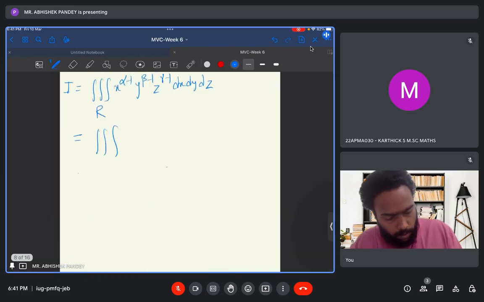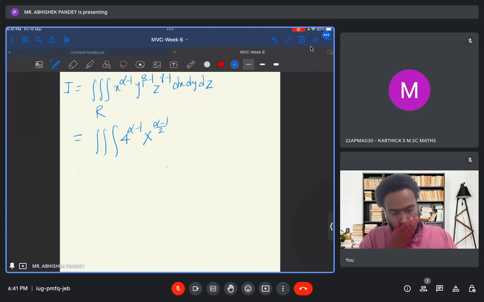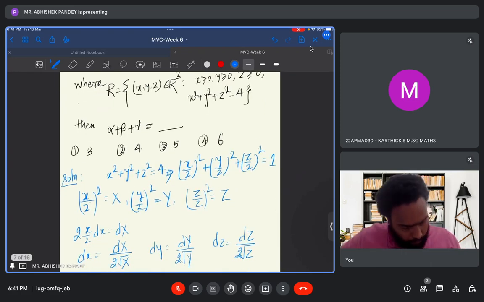So this will be 4 to the power alpha minus 1, x to the power alpha minus 1 by 2. I hope this is clear.